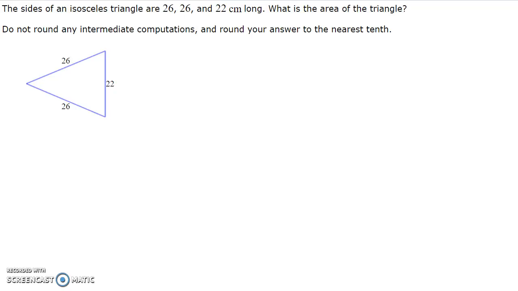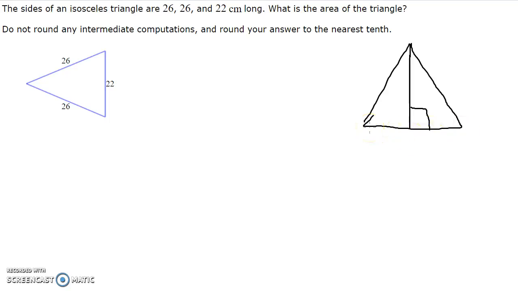All right, welcome back. Here we have a triangle, and pretty much what they want us to do is to find the area of this triangle, okay? Typically, in the past when we talked about the area of a triangle, they would always give us a vertical height, perpendicular to my base.